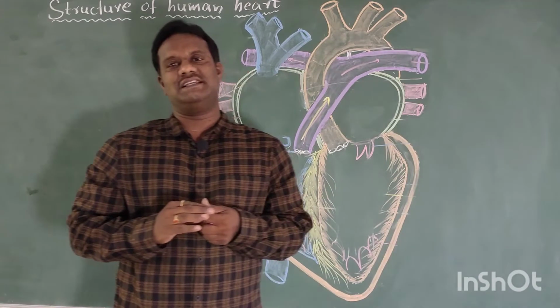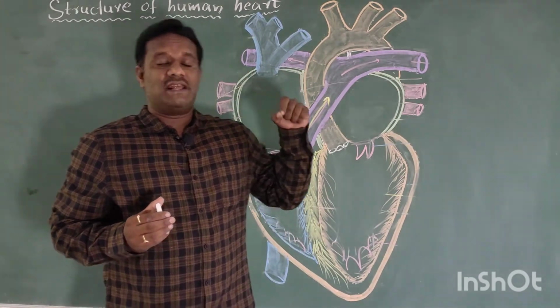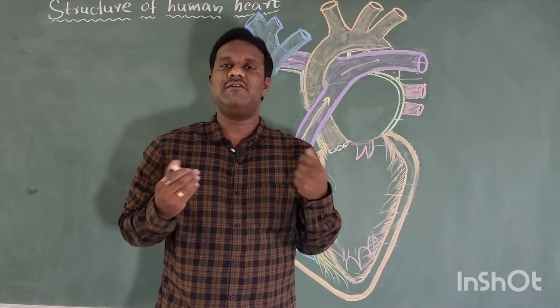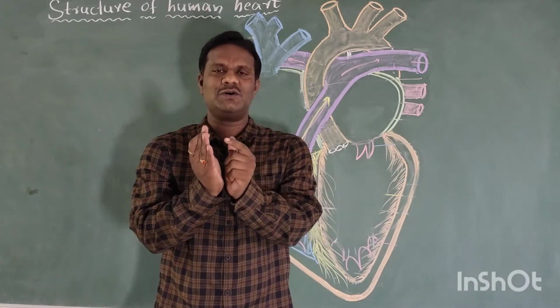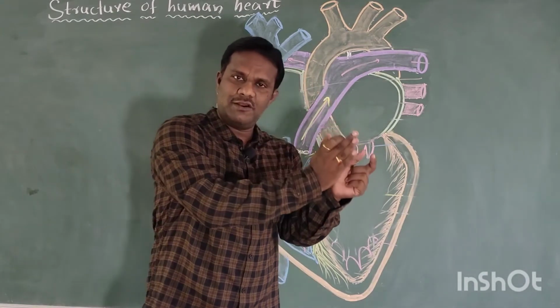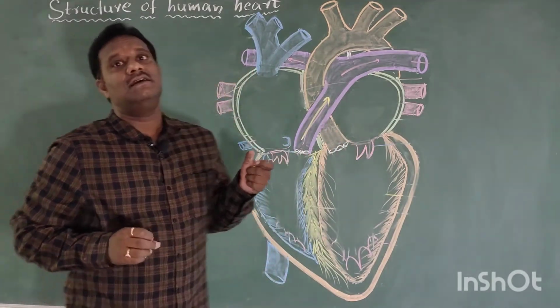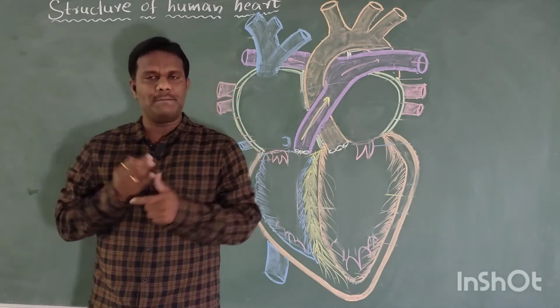In those blood vessels, pressure is generated with the help of the heart. So in our body, the heart is similarly compared to a pump. That's why the human heart is called a variable pump.